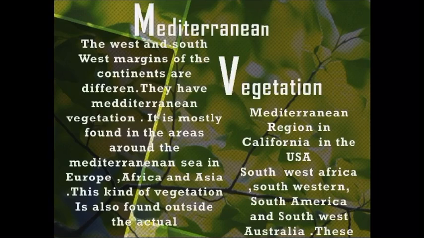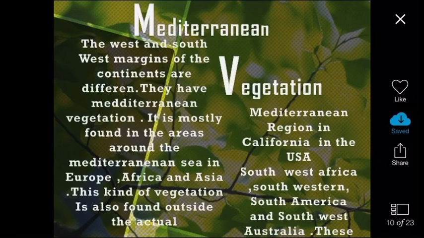The trees here have thick bark, long roots, and stiff and hard leaves. The trees are widely spaced with shrubs in between them. Citrus fruits such as oranges, figs, olives, and grapes are widely cultivated.